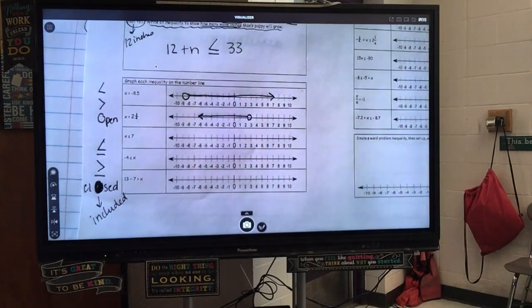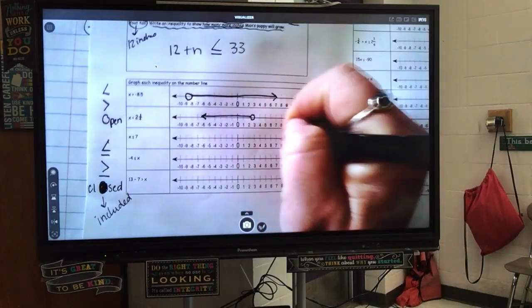Alright, the next one is. I'm raising it, tell me what it is. Jeremiah? X is less than 7. Not just less than, but there's a little line underneath it. X is less than or equal to 7. Okay? So Jeremiah, I'm gonna find 7.